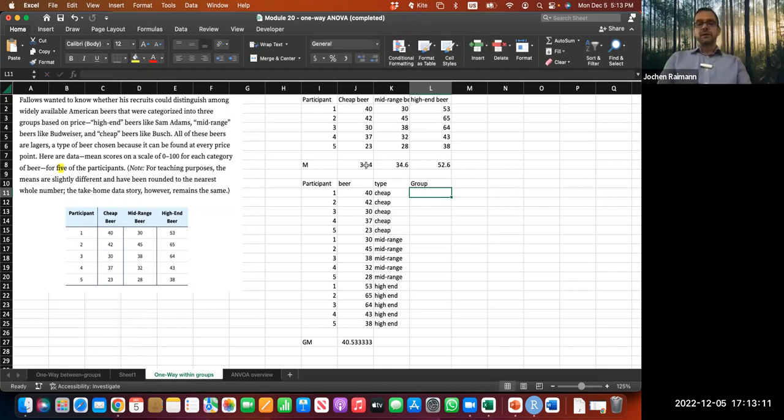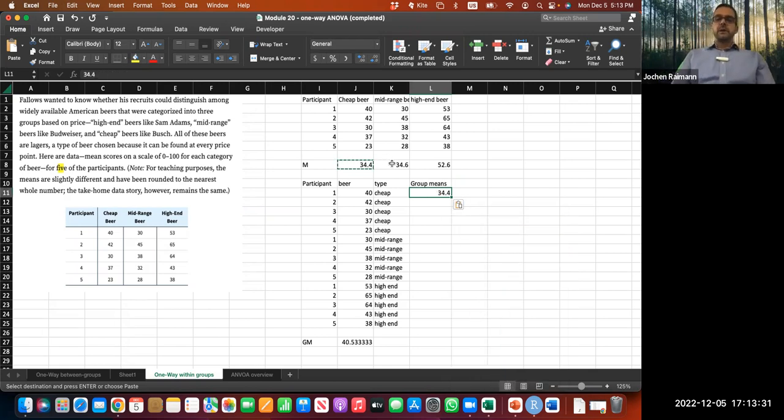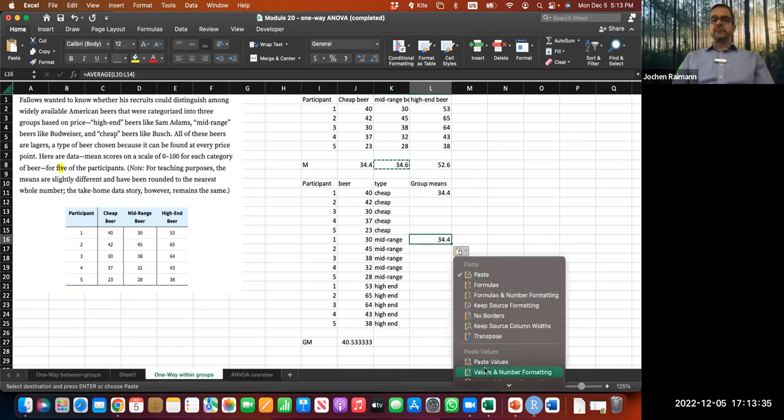So we can now fill out our data sheet here. We know cheap beer has a mean of, these are the group means, so here we would copy down 34.4. Careful that it's only the values. Then we just complete these all the way down.